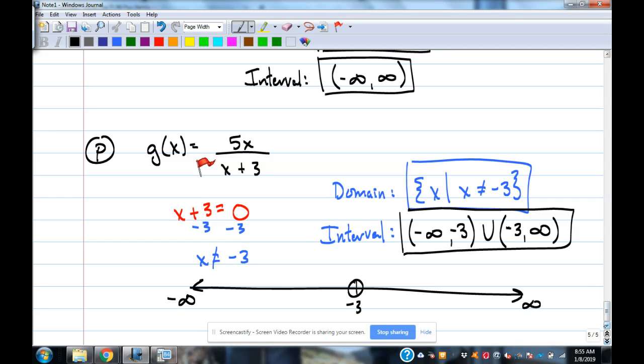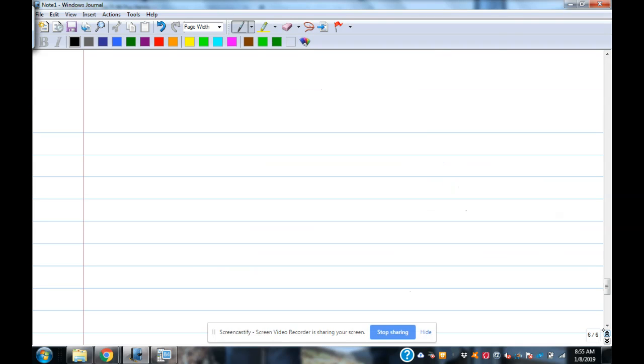All right, let's look at another. H of x is equal to 12 over x squared minus 16. What red flag comes up?